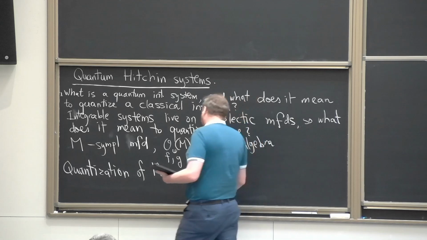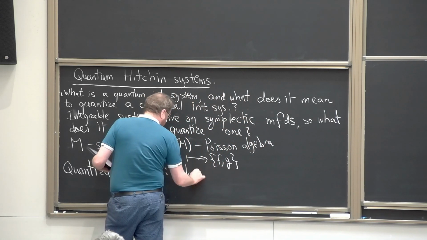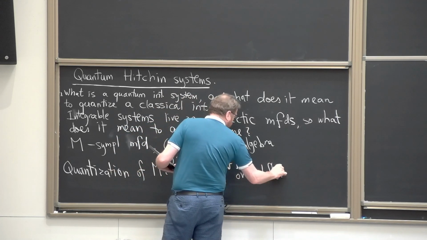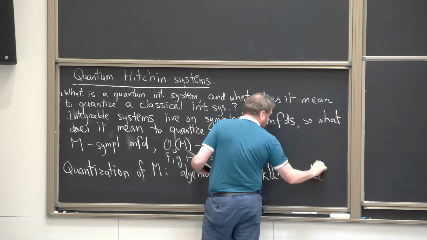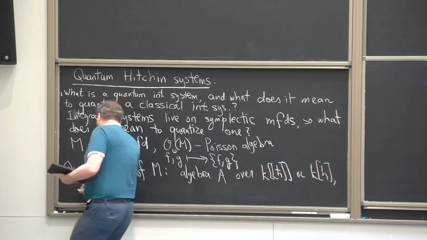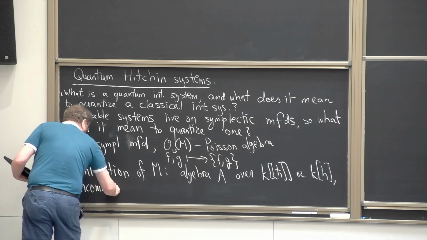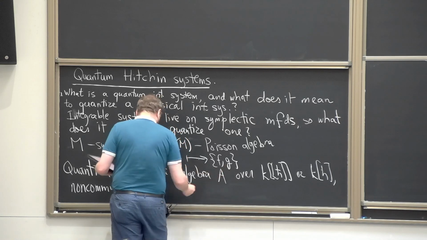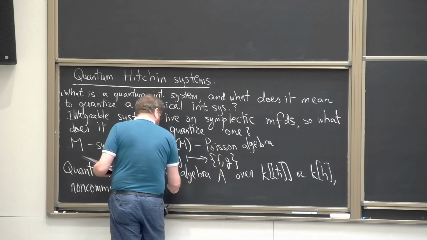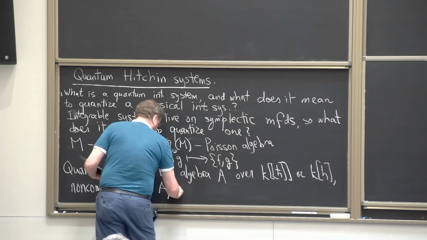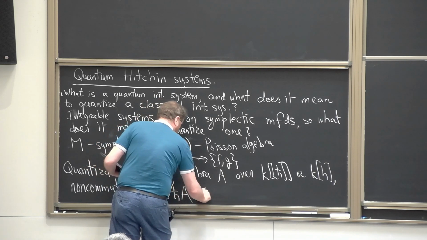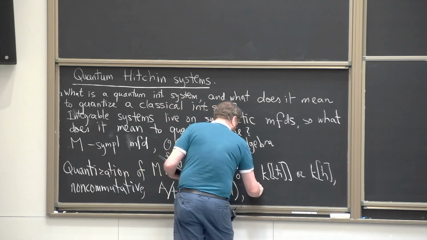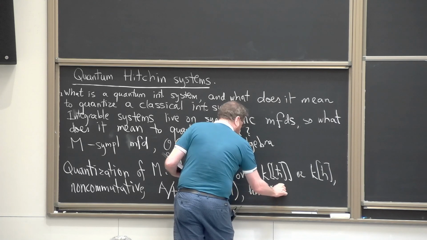So we define some algebra A over, let's say, formal power series in h, or maybe polynomials in h, which is non-commutative and has a multiplication law, and whose quotient modulo h is isomorphic to O(M).